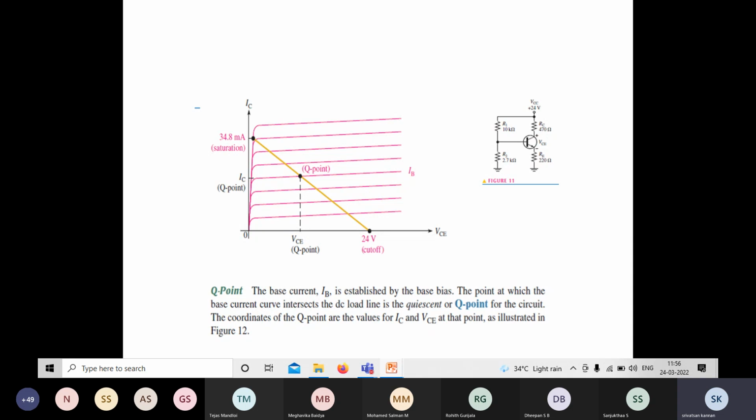How many sources do you require for biasing? Can anyone please answer? How many sources are required for biasing?